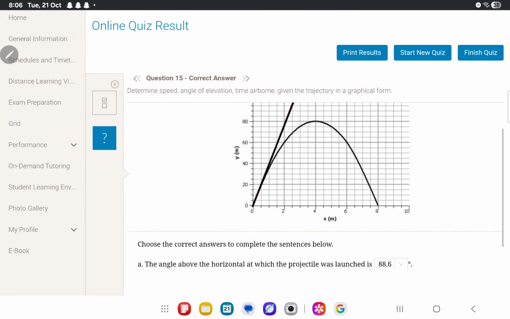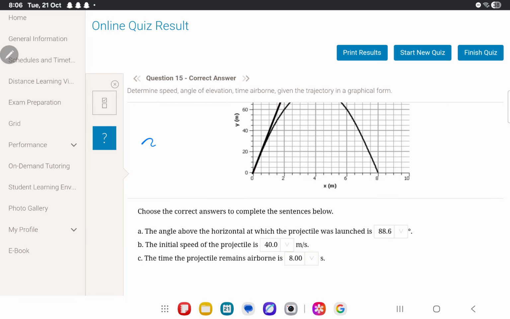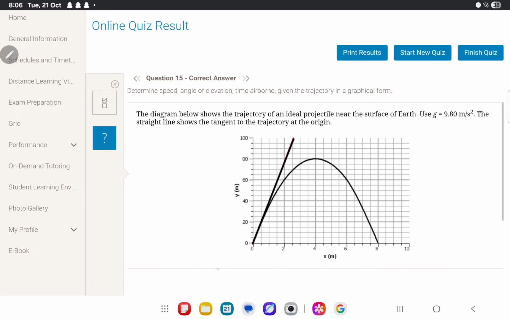Now the initial speed. It isn't that hard to get, because you already have this, and there are other ways to do it. You find the slope that they gave you. The initial speed of the projectile is 40 meters per second. Because remember, the slope of the tangent is going to give you the velocity.